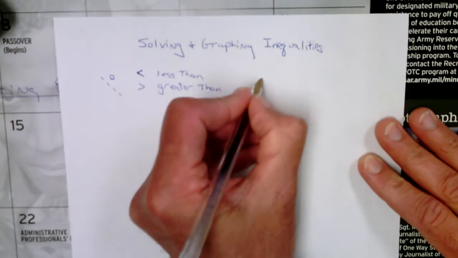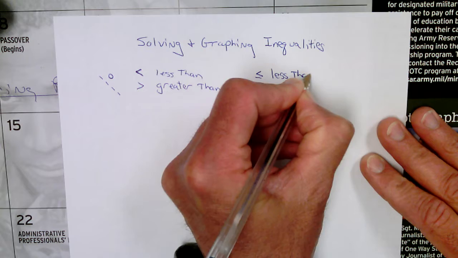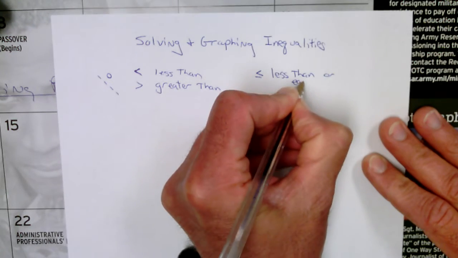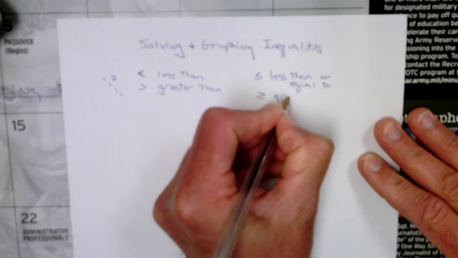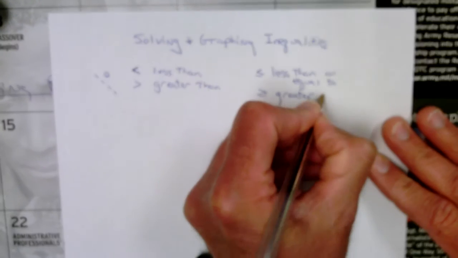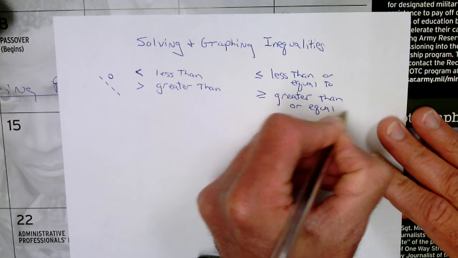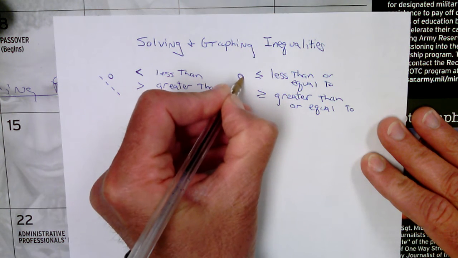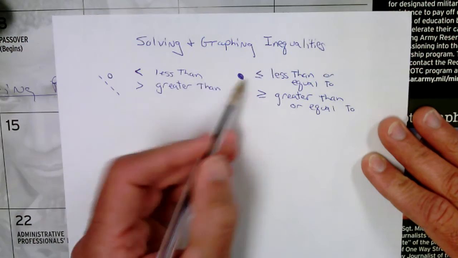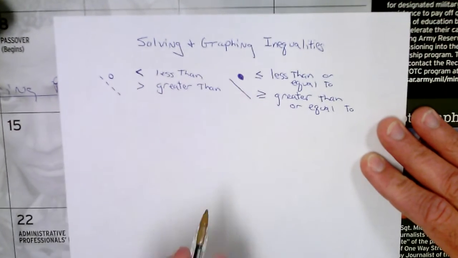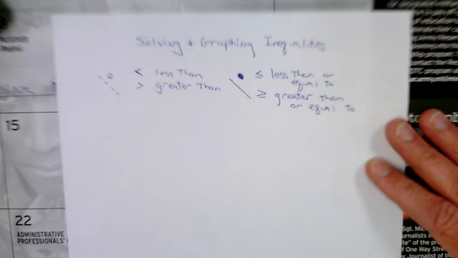We also have the less than or equal to, or the greater than or equal to. Okay, and what we have here, we have a closed circle. Notice the opposite: open, closed, and a solid line. Today we're just going to be working with these two top circles. We're going to be graphing and we're going to do a little bit of solving.